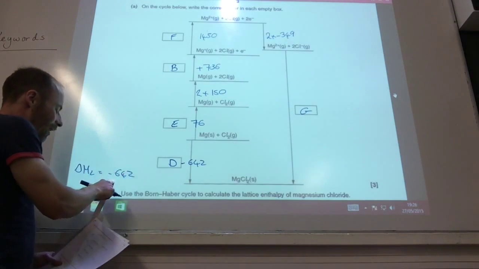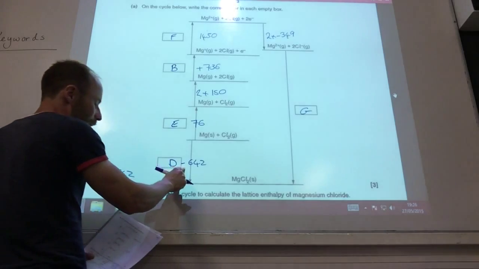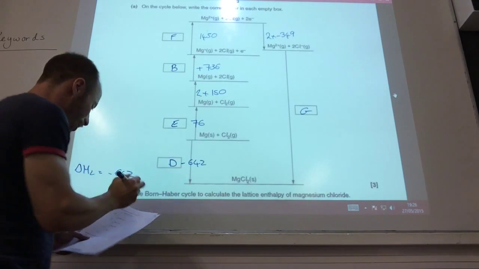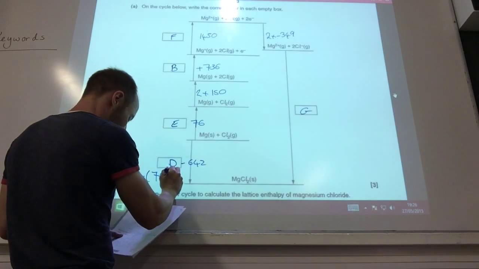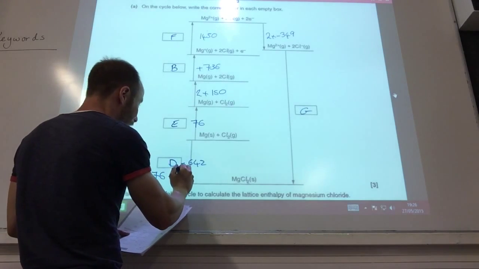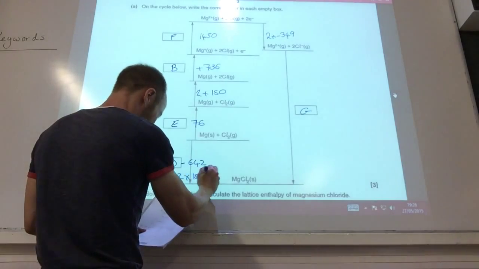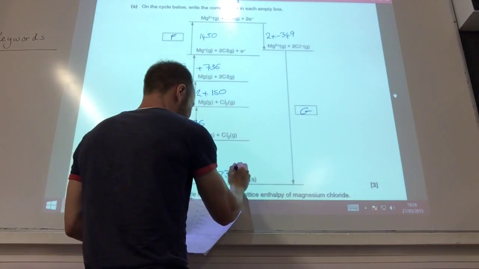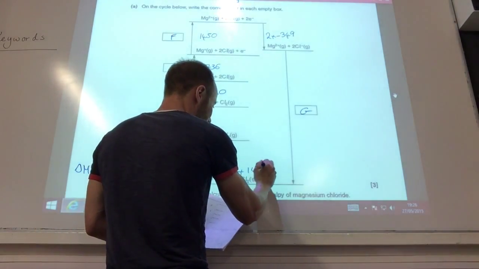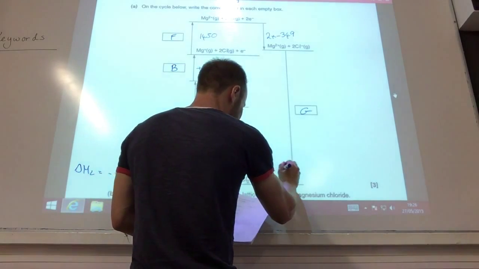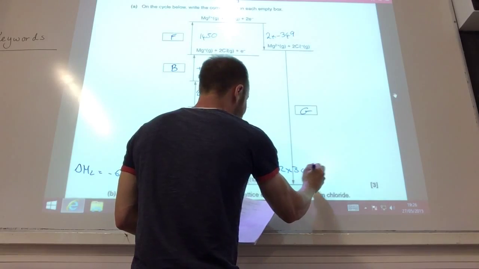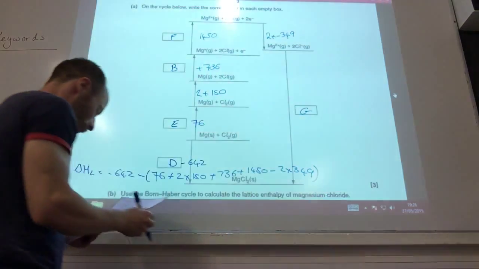So to calculate that enthalpy, it is the formation minus everything else, so minus 642 is not needed here: it is minus 76 plus 2 times 150 plus 736 plus 1450 minus 2 times 349 for all of that.